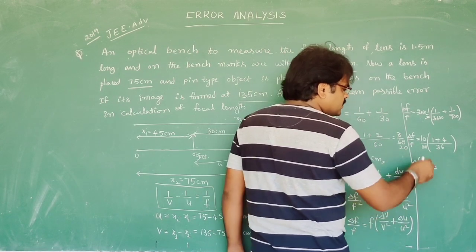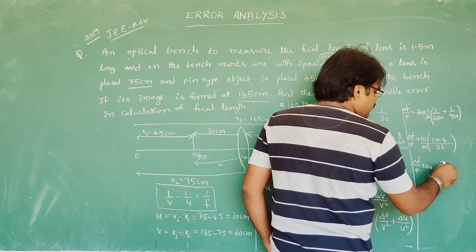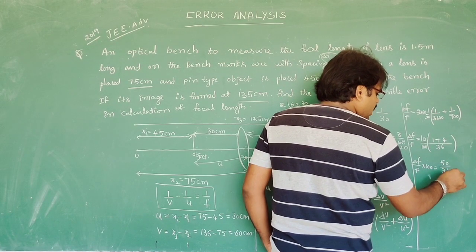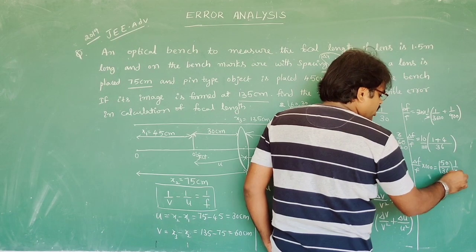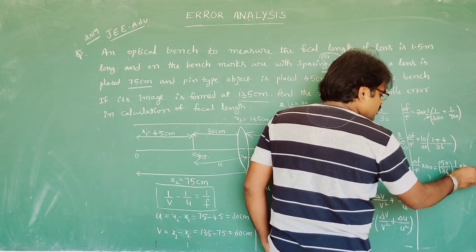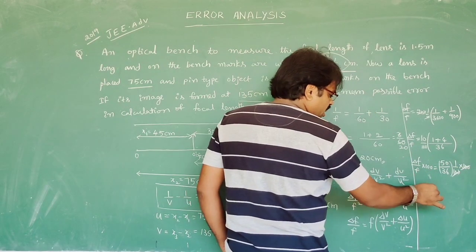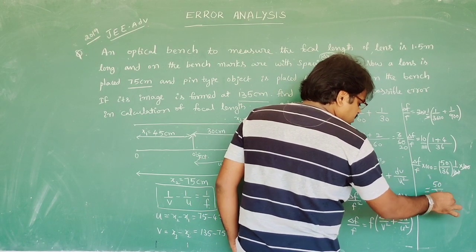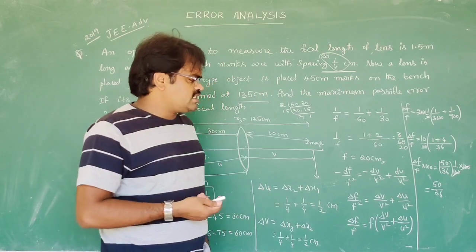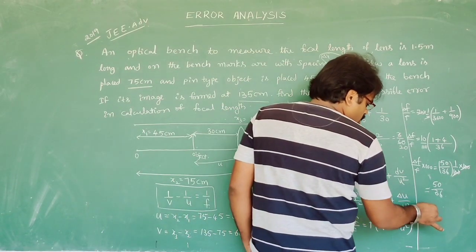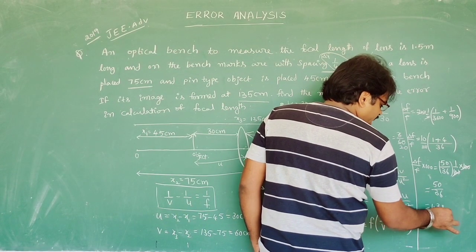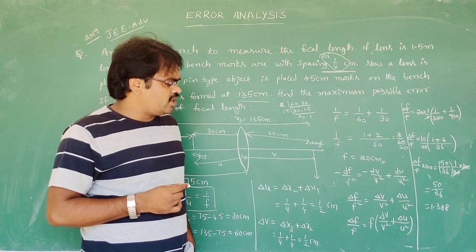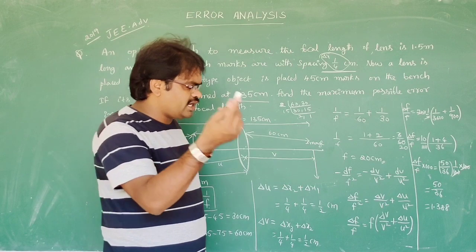That is delta f by f into 100 is equal to, then we write here 50 by 36 multiplied with 1 by 100 into 100, then cancel, we get 50 by 36. The 50 by 36 value is 1.388. Calculating this, we got 1.38888 like that.